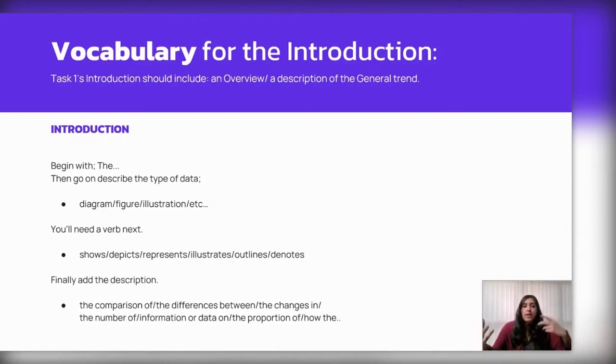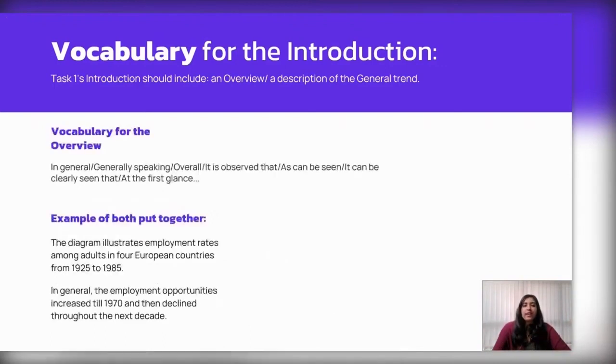The diagram illustrates the comparison of expenditures between male and female from the years 1992 to 2005. All right, so that's a different way of saying it. Okay, now after that, you have the overview, okay, which generally comes after the introduction. Now, the overview can be included in your introductory paragraph, or it can be the next one after that.